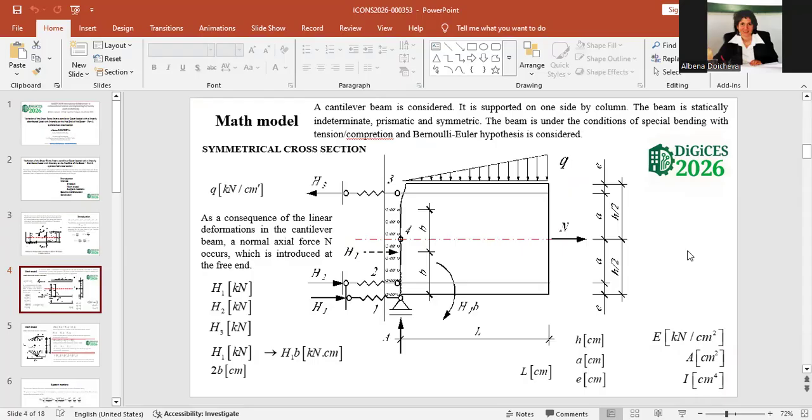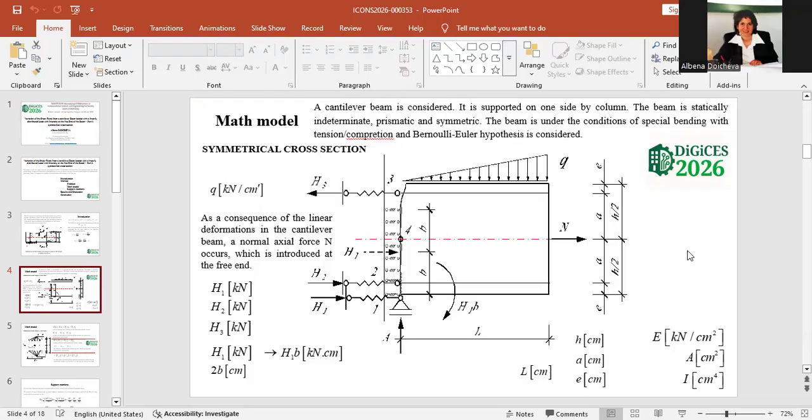This force is H1. This force is a reaction of a few small forces on small springs which model the concrete. This force H1 moves along the height of the beam and changes position.